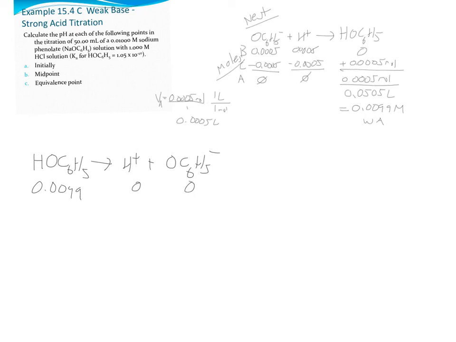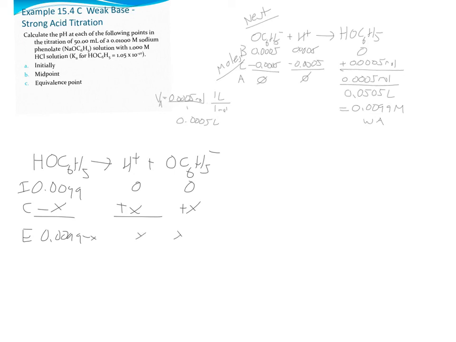None of those because they ran out. This is an equilibrium problem. So let's get our ICE chart in there. Plus X, 0.0099 minus X, X and X.